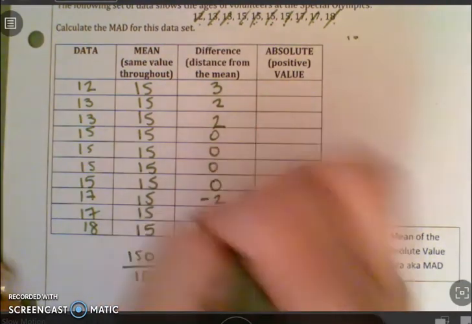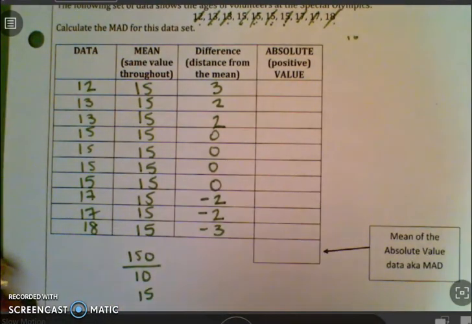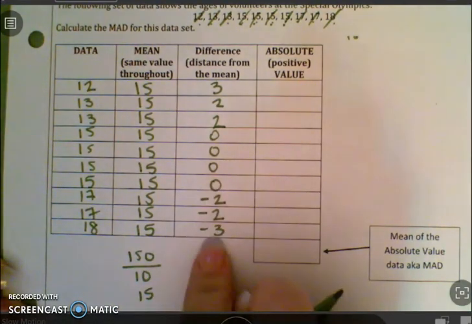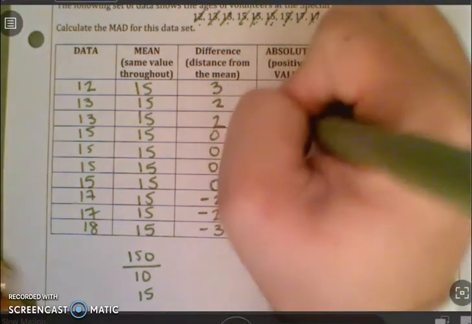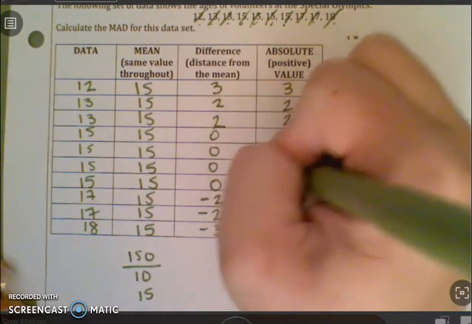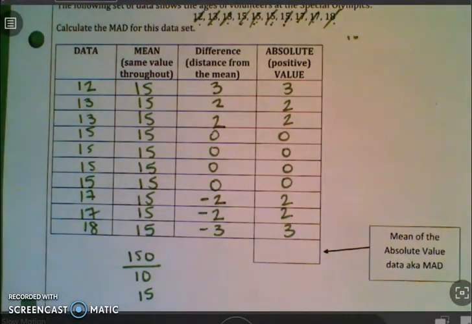Again, another negative 2. 15 minus 18 is negative 3. But we really don't care about these negatives because everything has to be positive. So 3, 2, 2, 0, 0, 0, 0, 2, 2, 3. So this is what your table should look like so far, so make sure this is what it looks like.